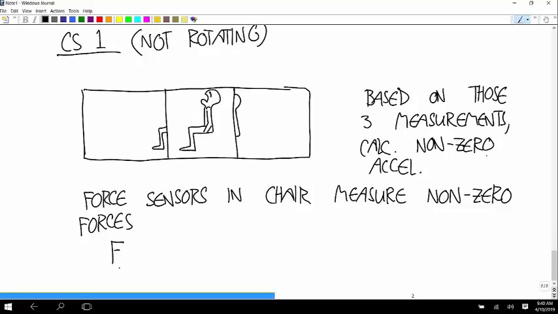And F net is equal to the mass times that measured acceleration. Okay.